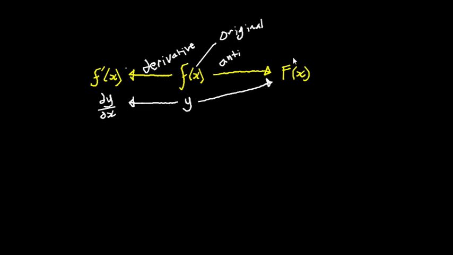So it just depends what we're interested in. In terms of y, finding the derivative is dy dx, same as f dash of x. There's not really a notation for the antiderivative, but we'll just be using capital F of x. So it might be worth jotting down because this next page will make more sense.